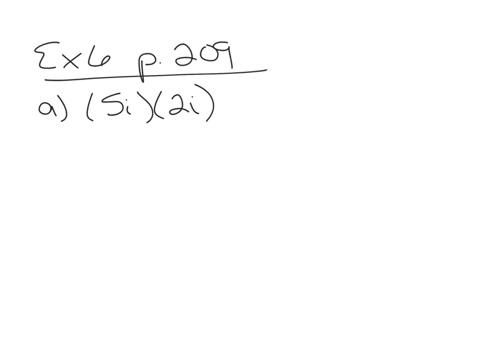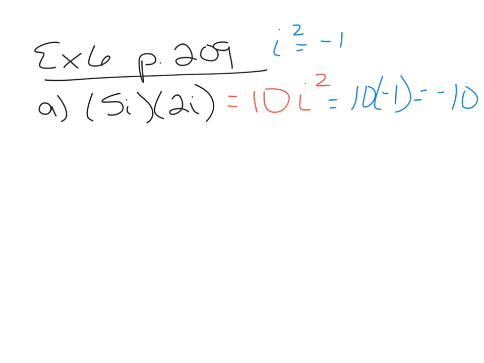You multiply the coefficients first, so 5 times 2 is 10, and then you multiply the i's together. i times i is i squared. What you have to remember is you have to simplify i squared. And we didn't write it, but we will write it right up here. i squared equals negative 1. So this is 10 times negative 1, negative 10.